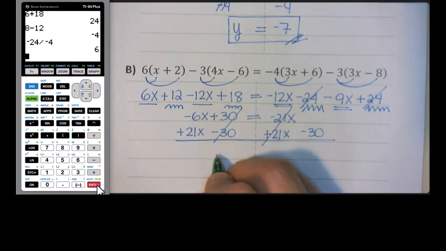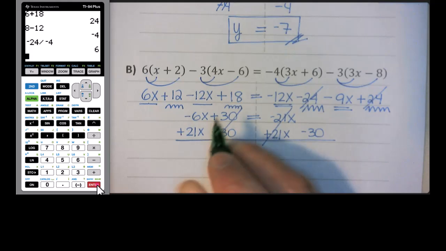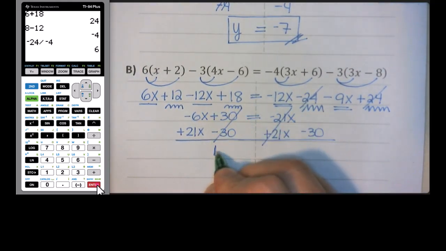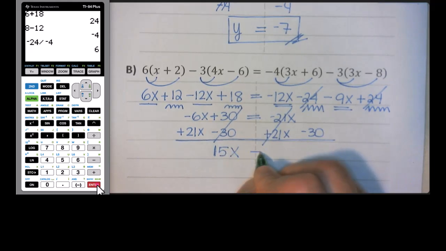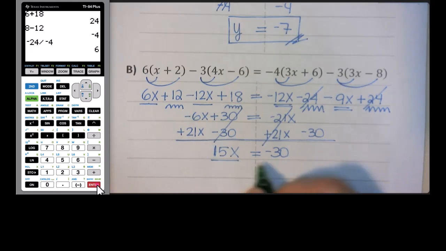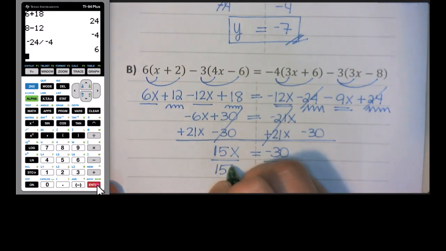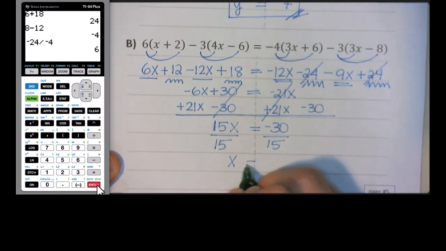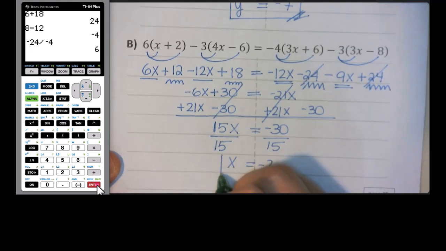Negative 6 plus 21 is positive 15, so 15x. And we bring down the negative 30. And the last step is to divide by the number next to x, which in this case is 15. And if we do that, x equals negative 2.